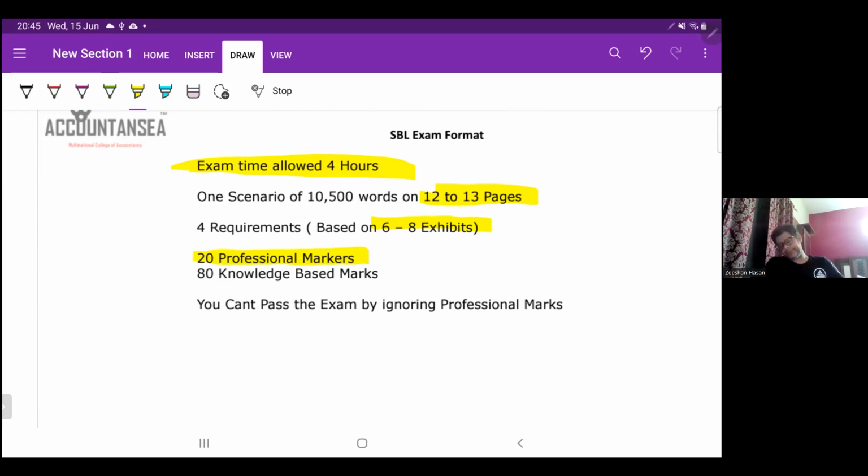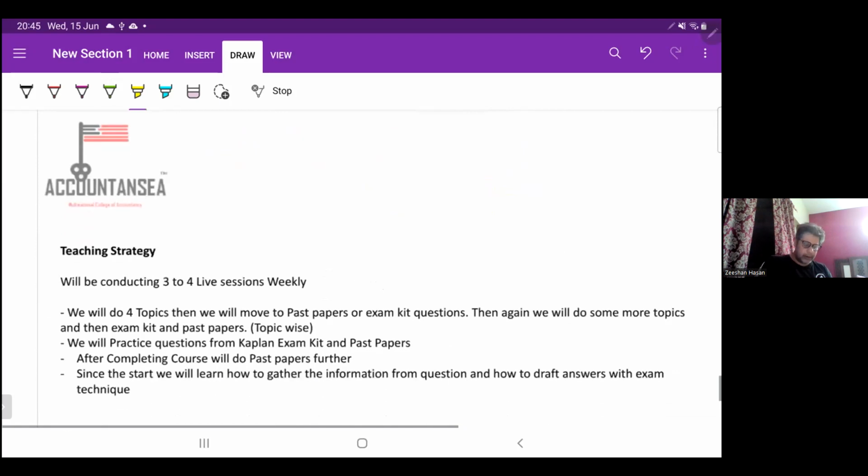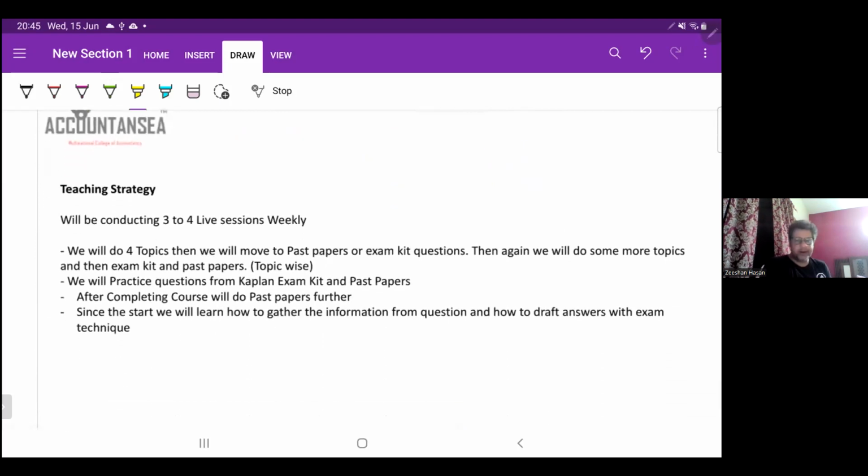He said if students totally ignore professional marks and focus totally on the knowledge area, they cannot pass the exam. So they are very, very important. The examiner will test various professional skills in every requirement. Remember that. Now, what will be the teaching strategy finally?